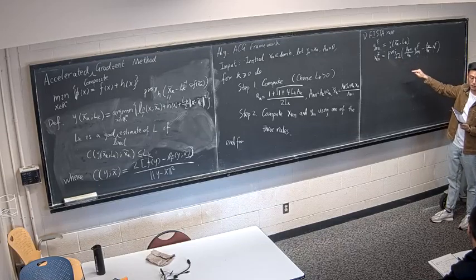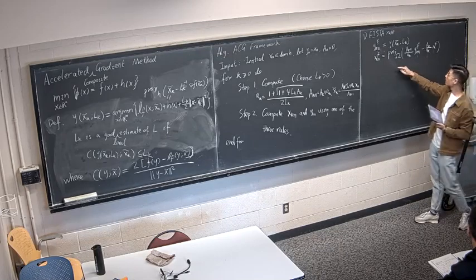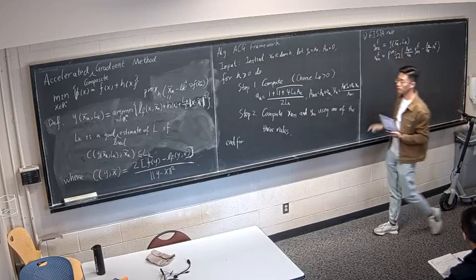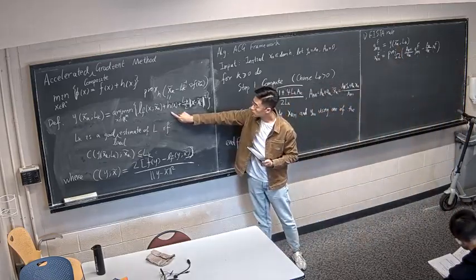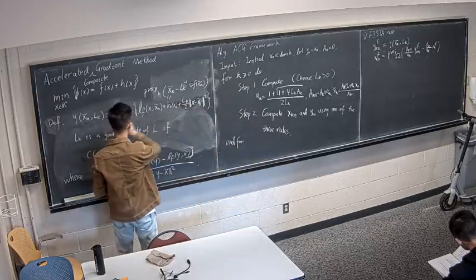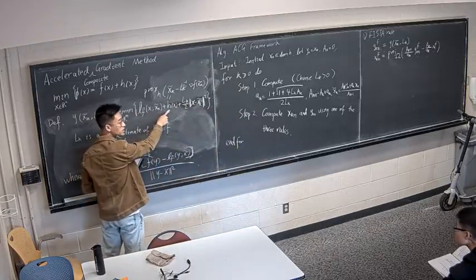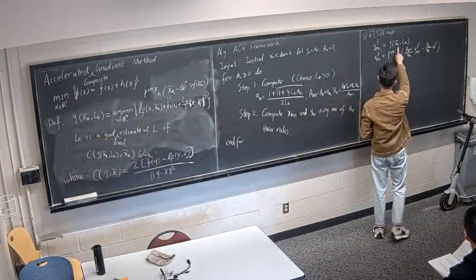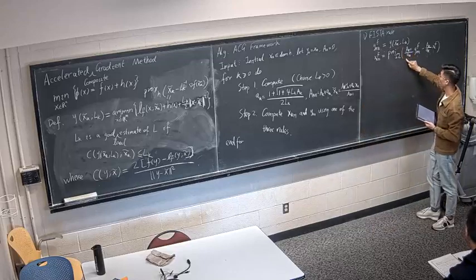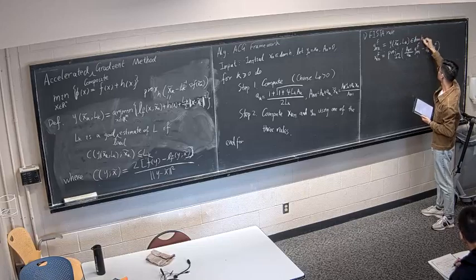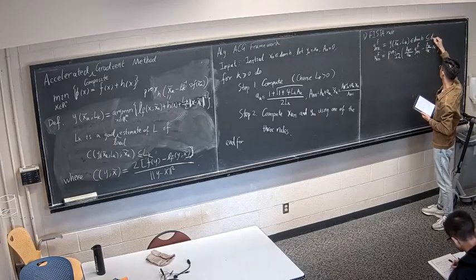So we need to project back onto omega, and then, because you are minimizing using this subproblem here, the solution is in the domain of H, otherwise it's not finite. So this is in the domain of H, and it's contained in omega.